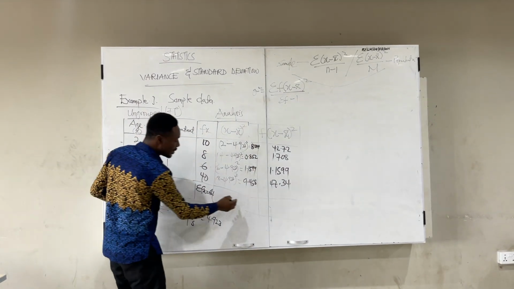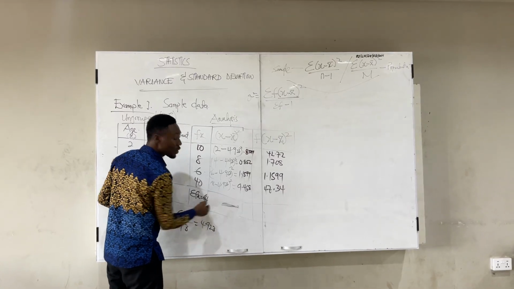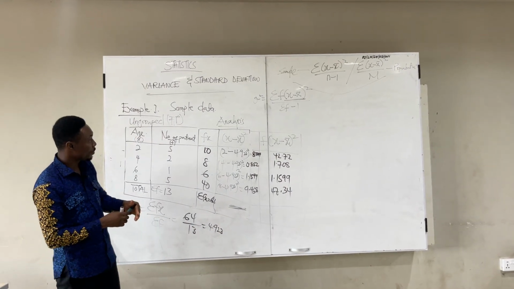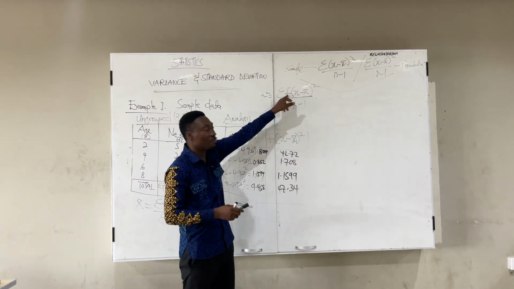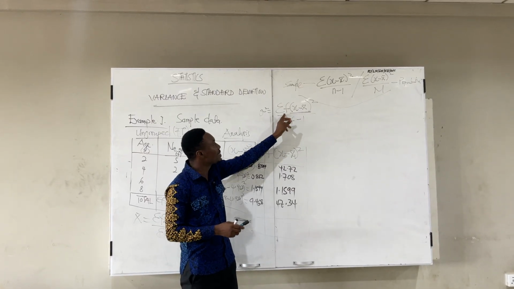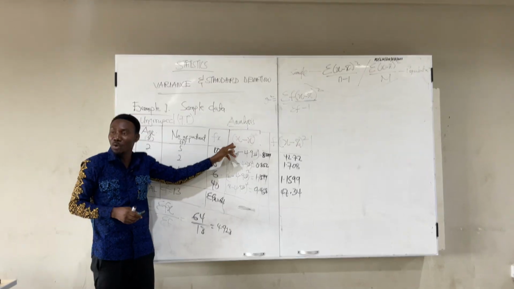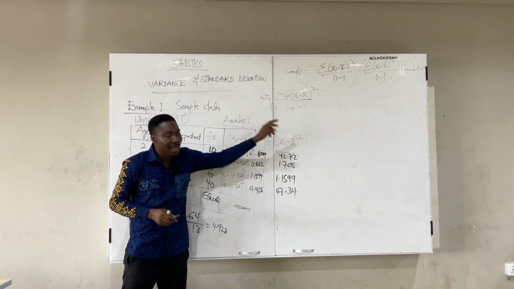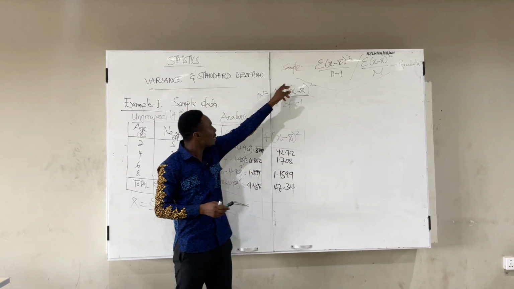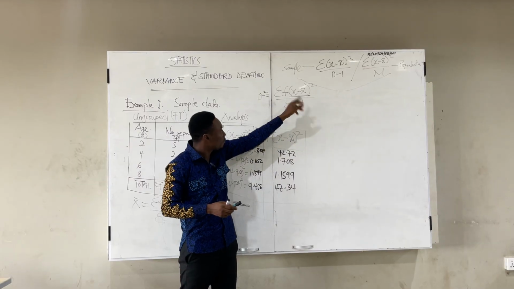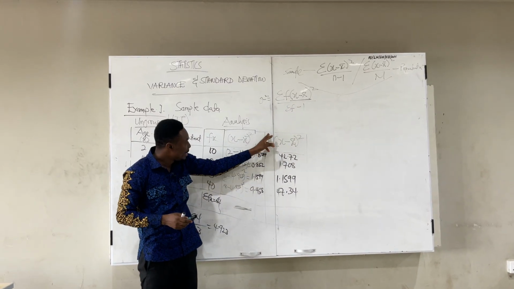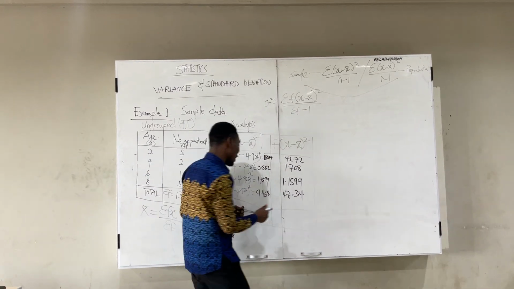Now, after you've gotten here, check. You do not need the sum for this column, because according to the formula, it is the sum of the frequency times the deviation. So you don't need the summation of this column. You need the summation of the last column, because the numerator says sum of f times the deviation. So you come and do the summation.